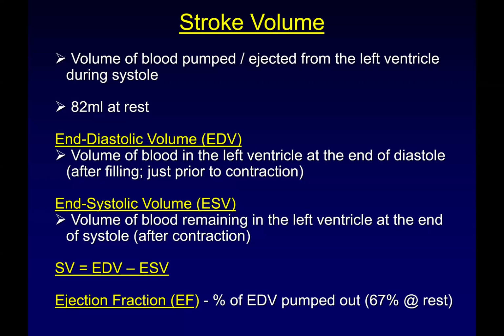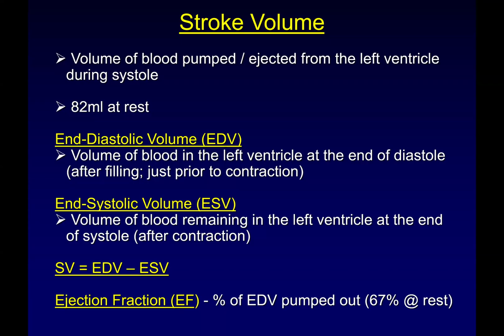So basically how much blood gets ejected out every time the heart beats. Most of you at rest have an ejection fraction of about two-thirds. So about a third of your end diastolic volume stays in there, that we can eventually eject out if we can make our cardiac contraction harder.